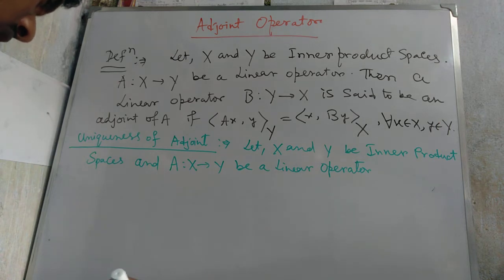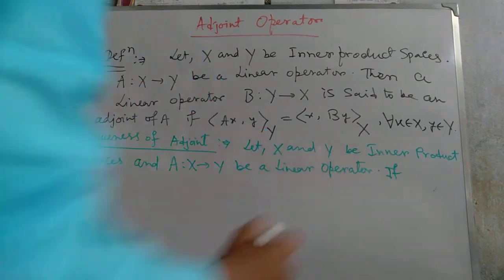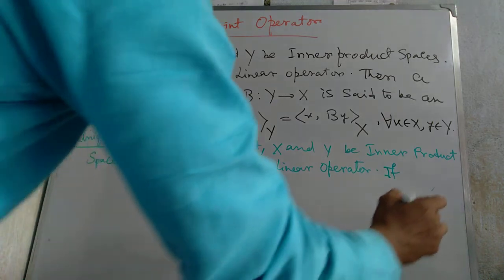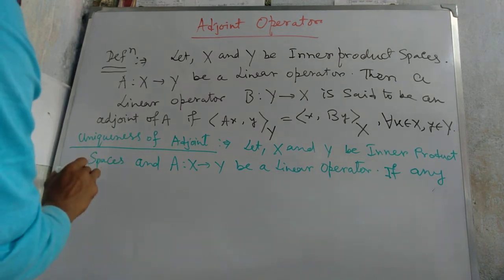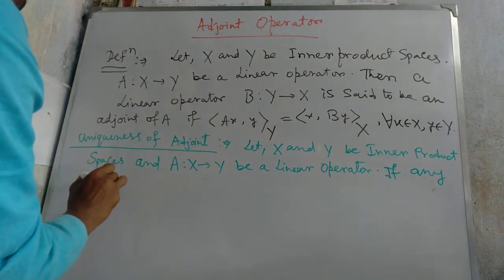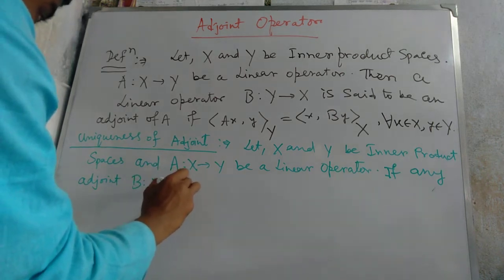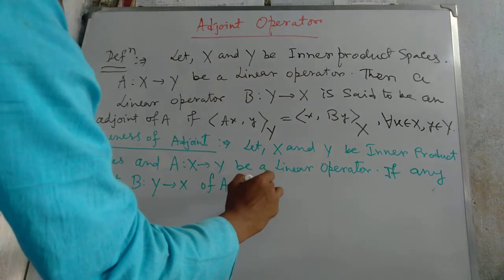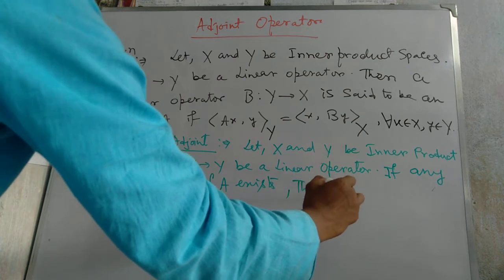If any adjoint B, Y to X, of A exists, then it is unique.